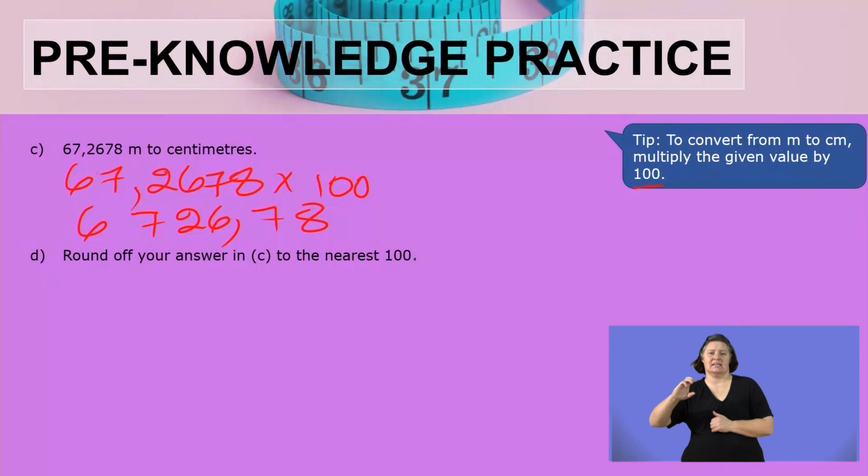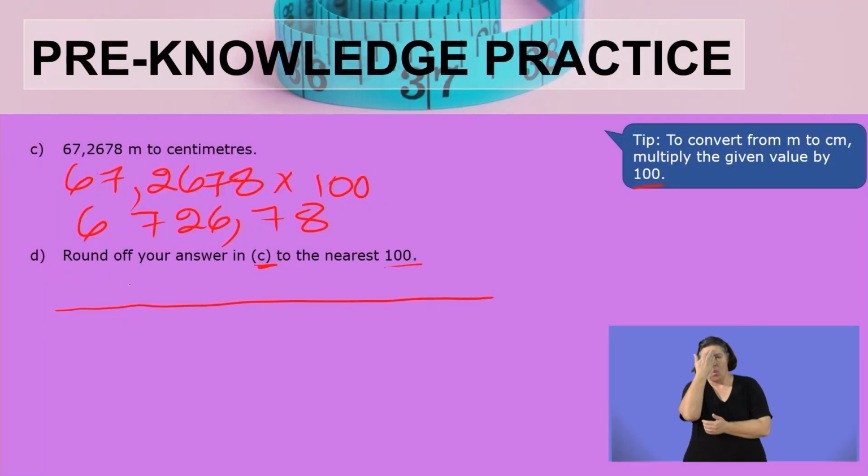Secondly, the follow-up question says round off your answer in C to the nearest 100. When we round off to the nearest 100, remember the principle from the previous lesson, that you need to know your place values.